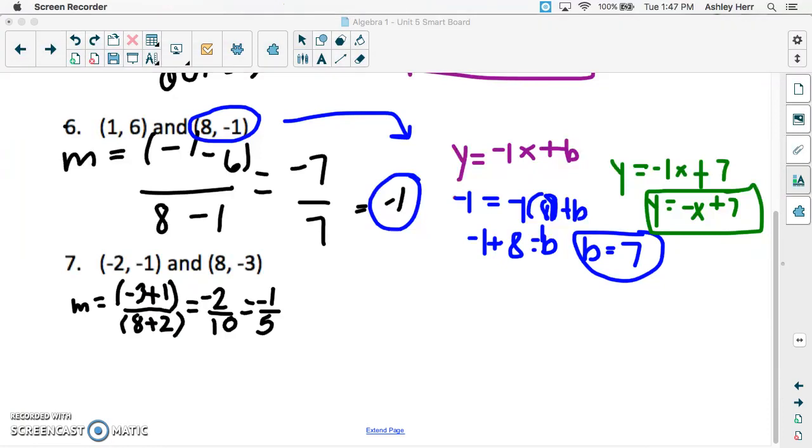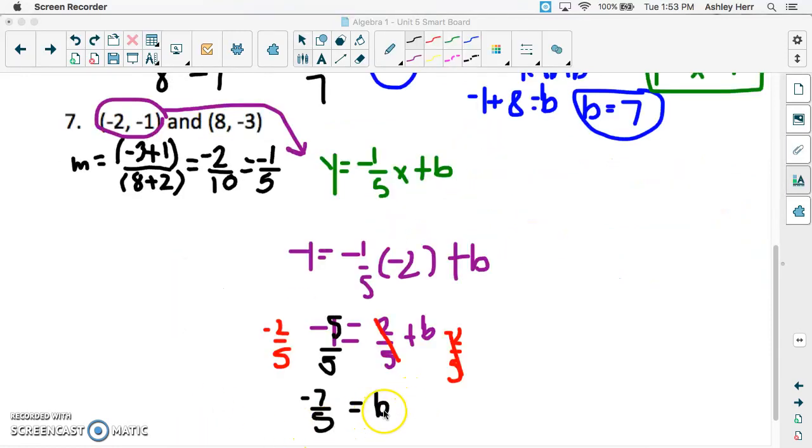First thing I need to do is find my slope. So I plug my points into the slope equation, the difference in my y's over the difference in my x's, keeping them in the same order. And I get that my slope is negative 1/5. Now, since neither one of these points is my y-intercept, I need to do the same thing I did on number 6: solve for b. Once I plugged in negative 2, negative 1 into my equation and solved for b, I had to get a common denominator here, and I get negative 7/5 is equal to b.